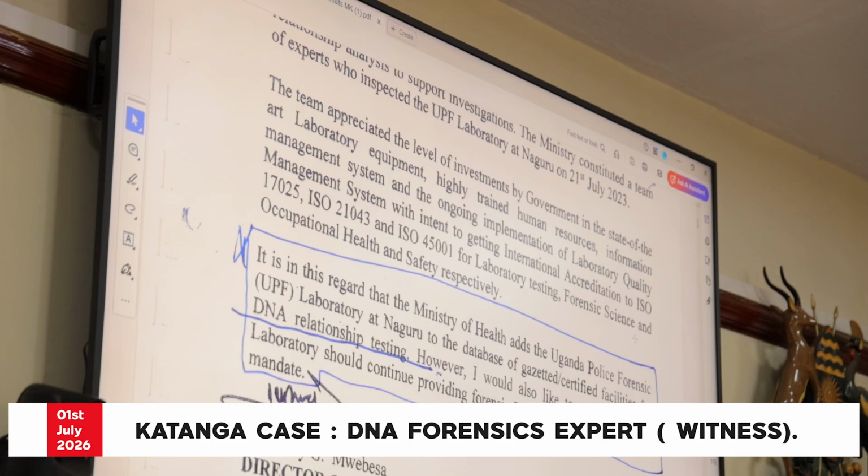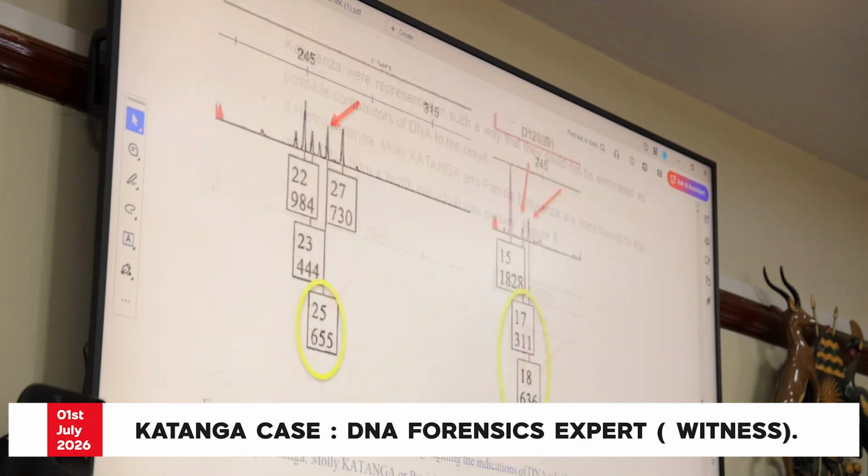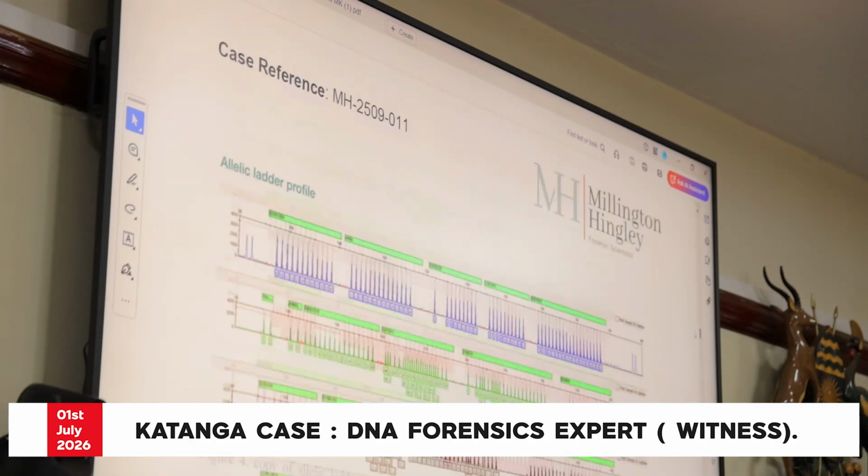Now I want us to go back to the lab process. So we've now seen all the processes in this case. I want us very briefly now, we've seen what's supposed to happen, to go to what actually happened according to your review.